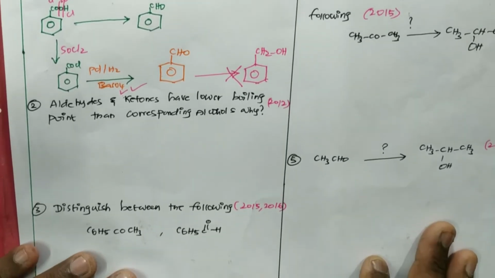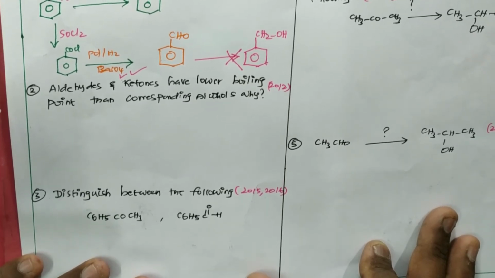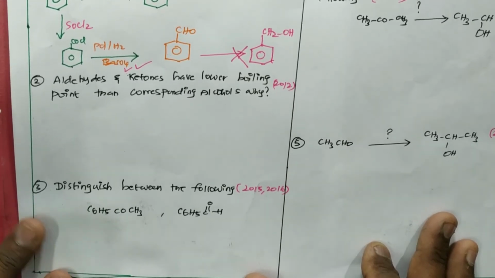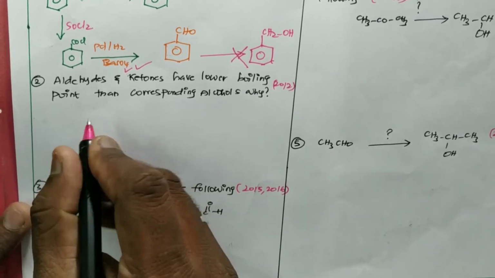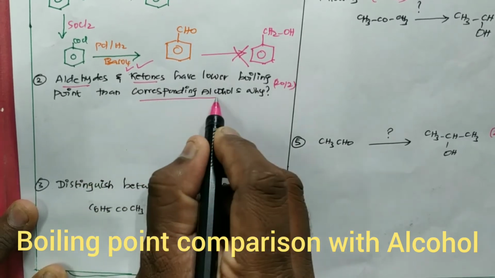The next question is: aldehydes and ketones have lower boiling points than the corresponding alcohols. Why? It is clearly mentioned, aldehydes and ketones versus their corresponding alcohols.